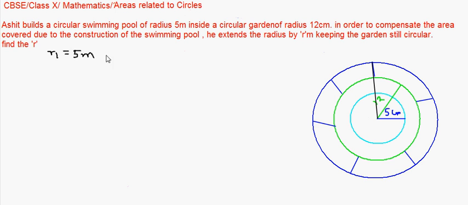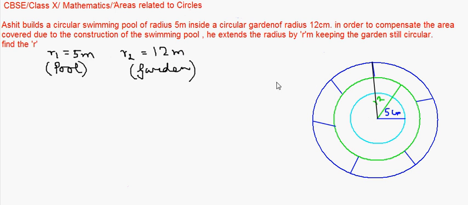I'm assuming r2 to be the radius of the garden, given by 12 meter.